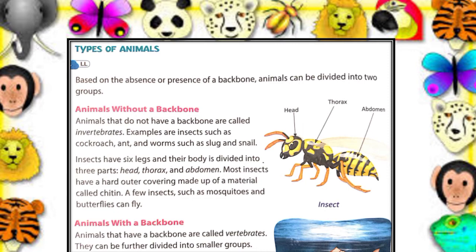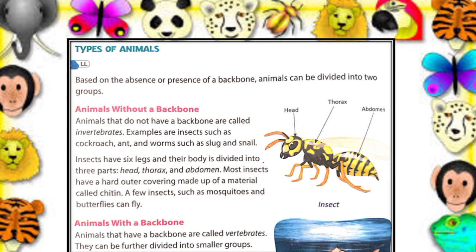Now let's understand about vertebrates. All vertebrates have muscles and a skeleton that help them to move around easily and perform complex moves. They have bones inside the body which give them their shape and allow them to stand erect.